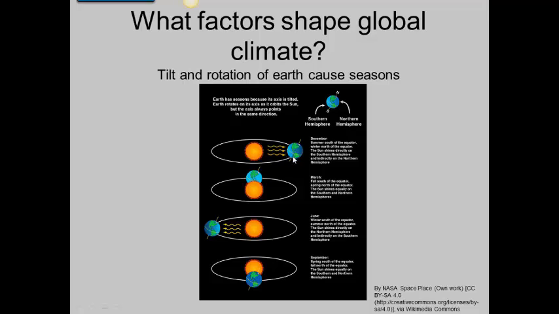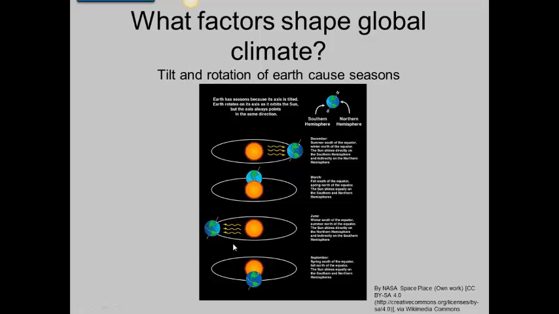As you can see in this picture, the southern part of our planet is facing the sun, so they're going to be receiving more sun, and the northern hemisphere is going to be receiving less. So this is December, when it's winter in the northern hemisphere.